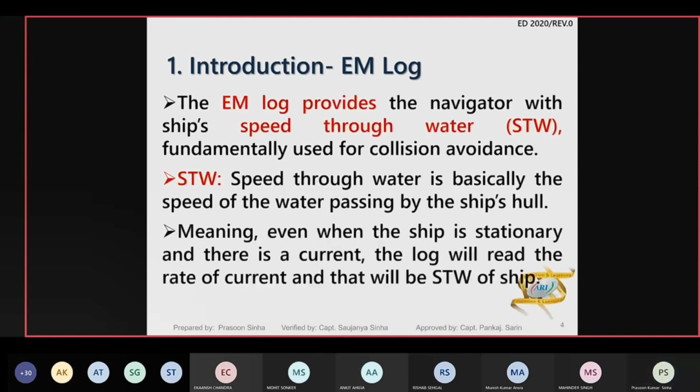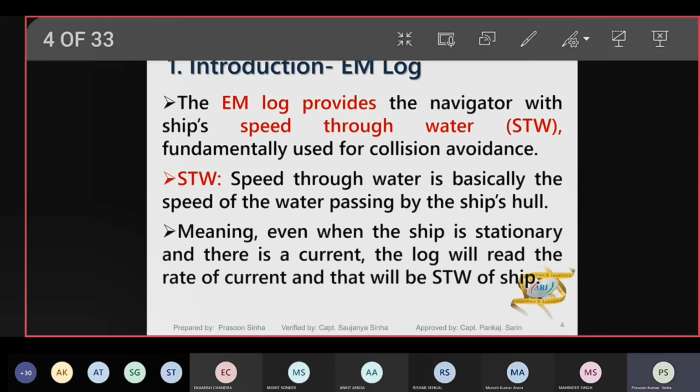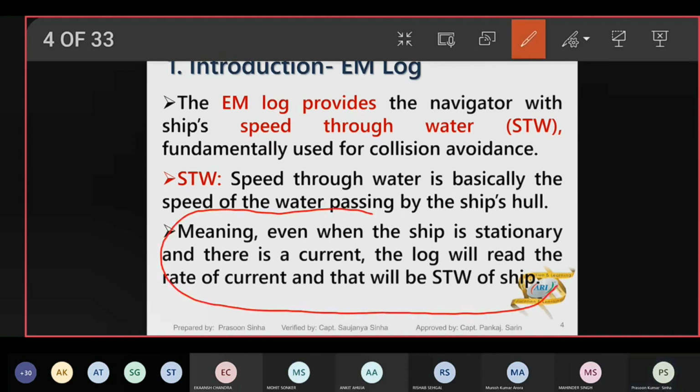Next, so a ship which is anchored can also have speed through water, because the speed of the ship through water is the speed of the water passing by the hull.